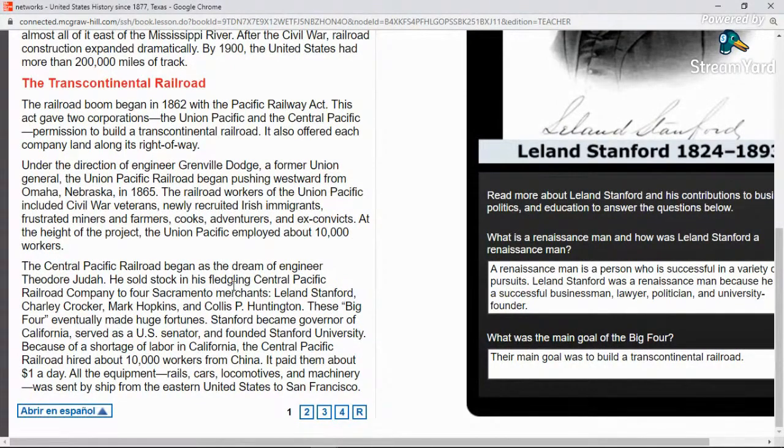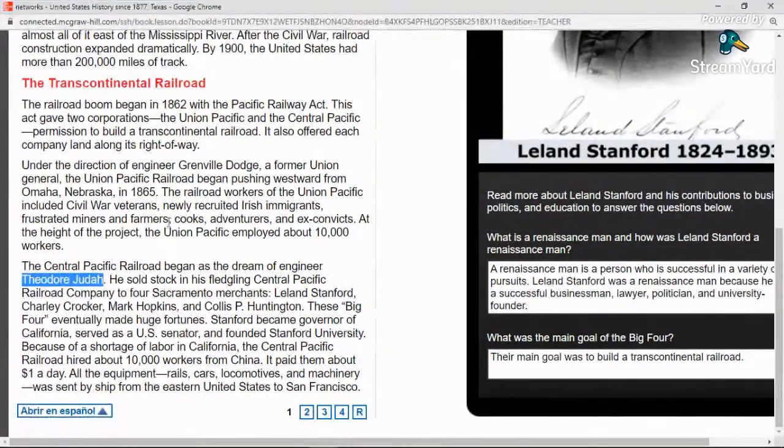So it says here that it was under the direction of engineer Greenville Dodge. Okay, the Union Railroad began pushing westward from Omaha, Nebraska. We saw that on the map. And then the Central Railroad was the dream of Theodore Judah.